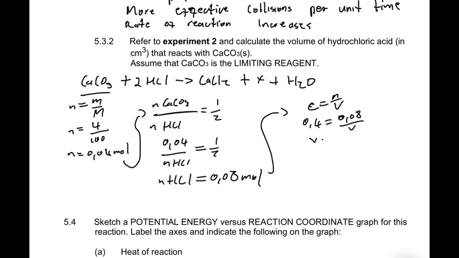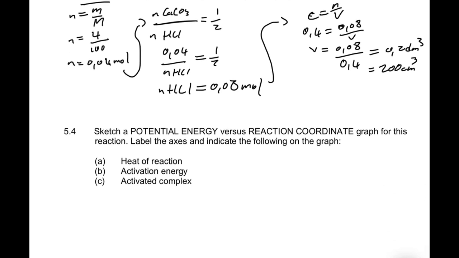So the volume is 0.08 divided by 0.4. What is 0.08 divided by 0.4? That is 0.2 dm³. But we don't need our value in dm³. We are asked to give it in cm³, right? So from dm³ to cm³, you multiply by 1,000. 0.2 multiplied by 1,000 is 200 cm³, right?